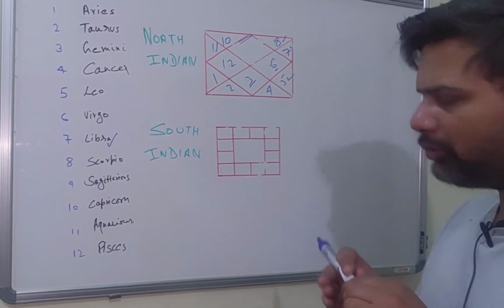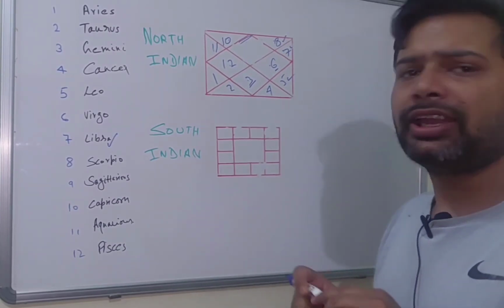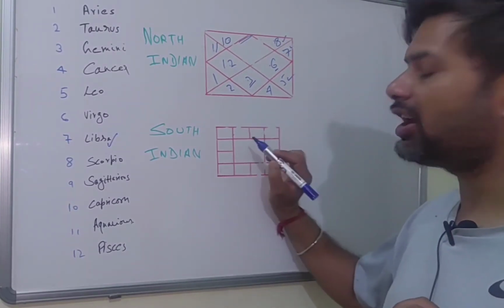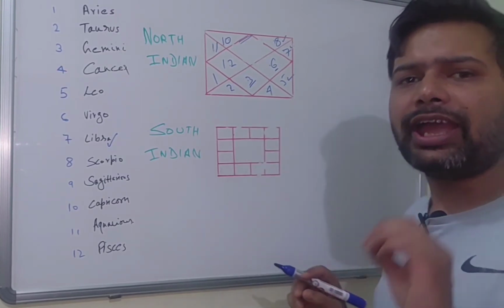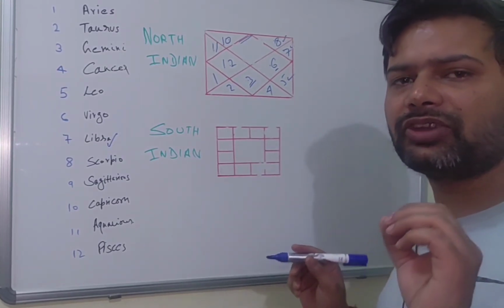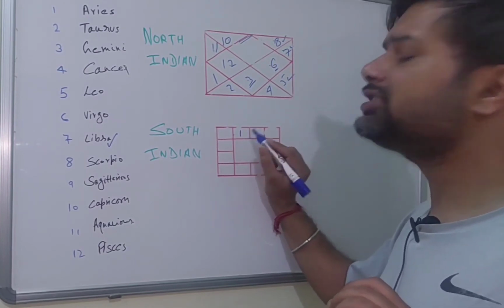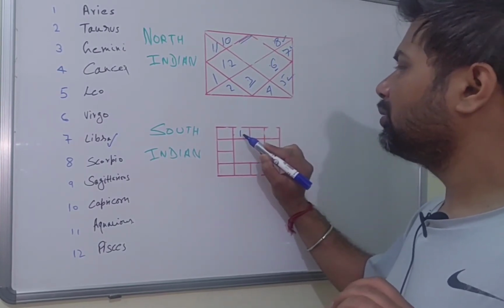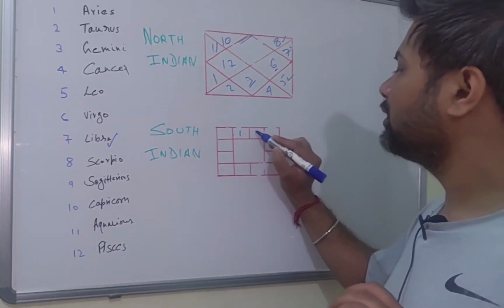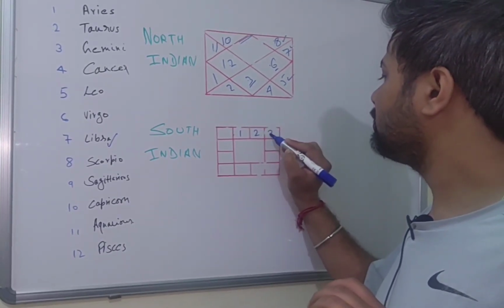Now we will talk about the South Indian chart. In the South Indian chart, Rasis are fixed. Every Rasi is assigned a fixed house. This is Aries Rasi. Second, Taurus.